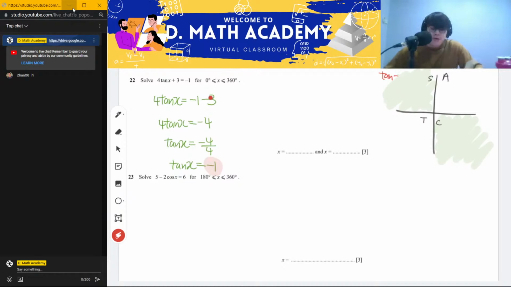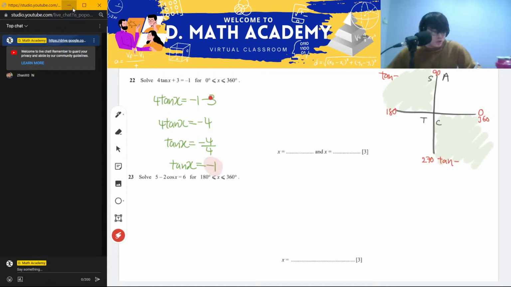Very important. These 2 parts are the parts where tangent is negative. The reason why I draw this is because it will help you to identify your answers. Whether it is between 90 to 180, you have 1 answer, and the other answer will be located at 270 to 360.